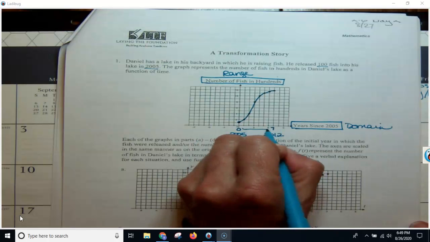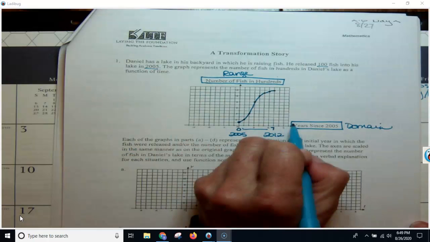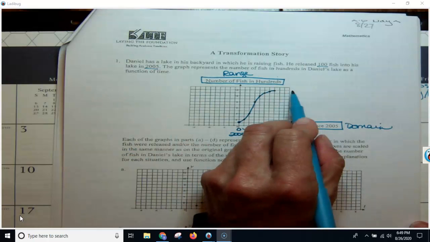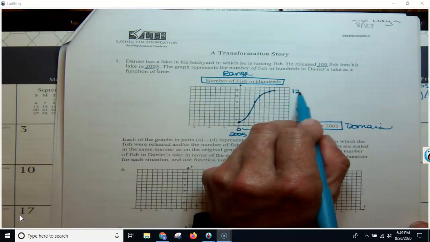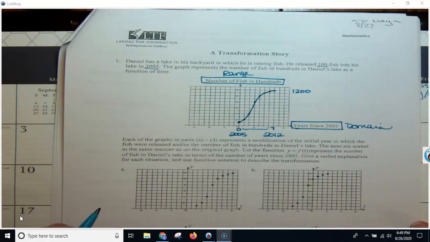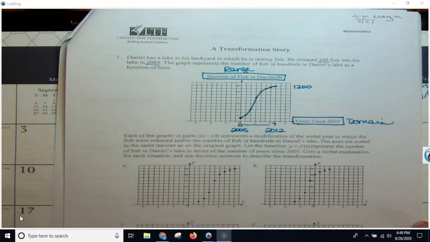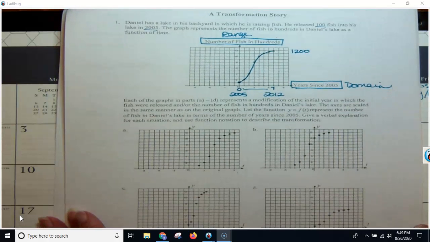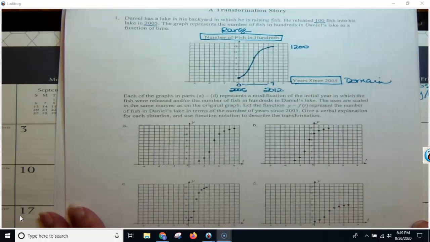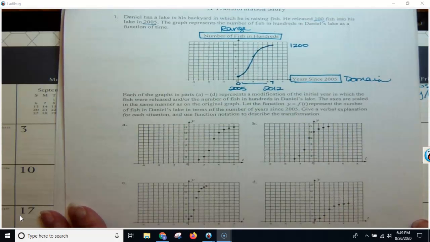So this span of time is 7 years. It has gone from 100 up to 1200, because this is in hundreds. And we're going to look and see how it progressed. Graphs A through D represent the modifications from the initial year.